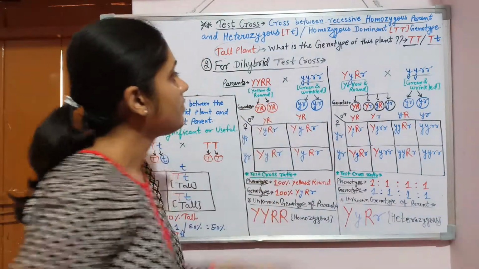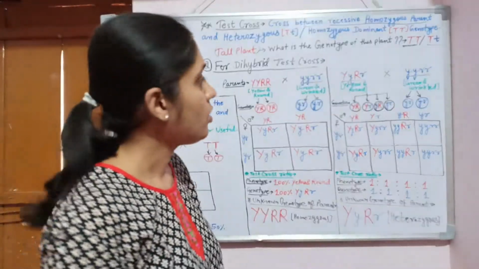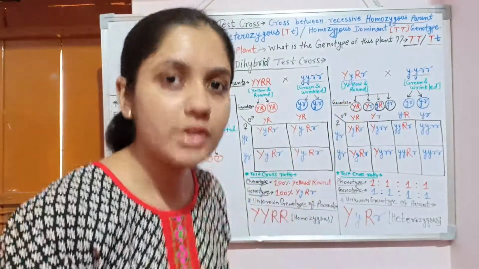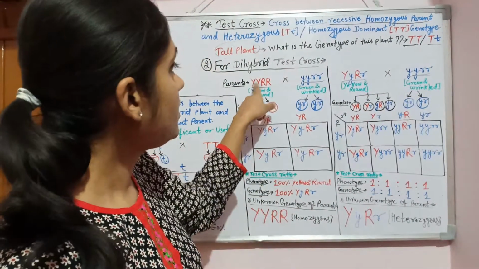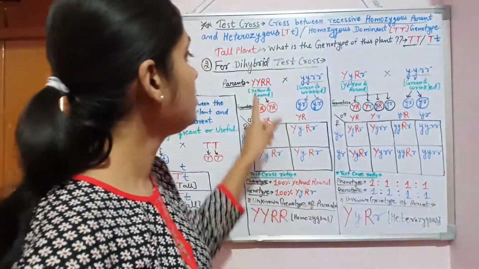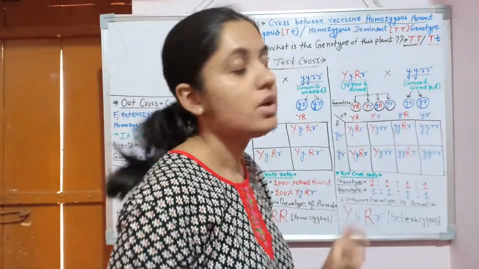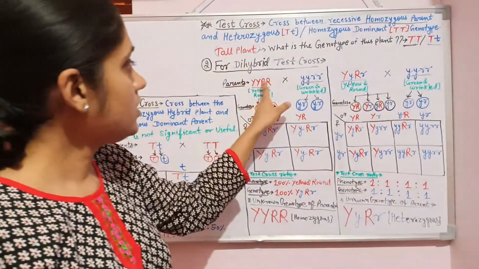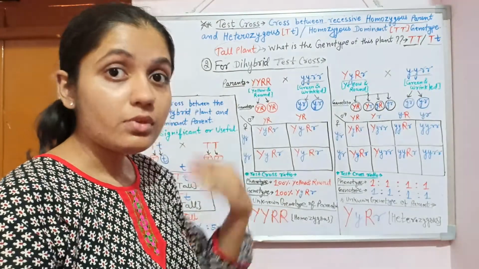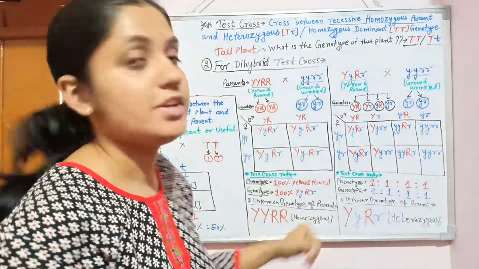The phenotype of this parent is yellow and round seed, and here also yellow and round seed, and we only know the phenotype. We don't know whether it is homozygous or heterozygous. These are yellow round and these are also yellow round. But this can be both, and we will know this genotype after this test cross.